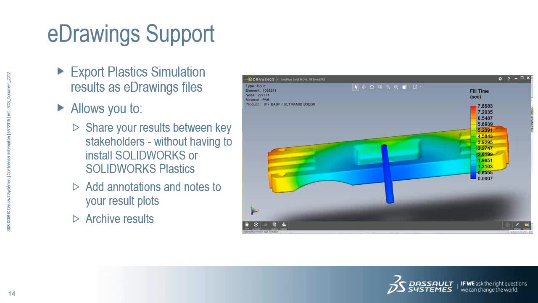They can view it, they can see the results, and then they can add annotations and notes to your result plots, and also you can archive results. So this gives you better communication with your customers and sub vendors or whomsoever are the stakeholders of this particular activity or project, and you can archive the results as well. It works as good as any other files which you send in e-drawings.